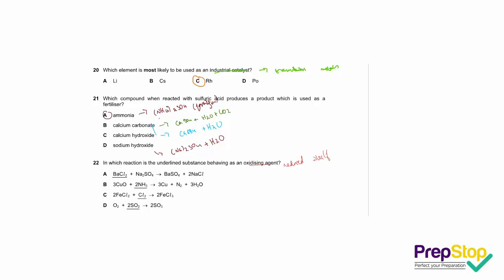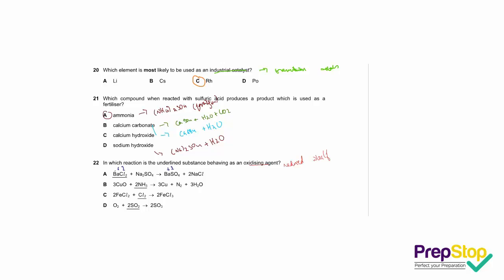However, in this option we see that there is no transfer of electrons and the oxidation states of both compounds remain the same. We see that barium has a positive 2 oxidation state in barium chloride, and the oxidation state of barium remains the same in barium sulfate.